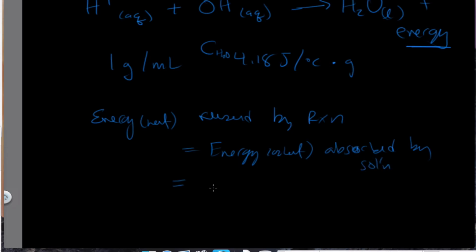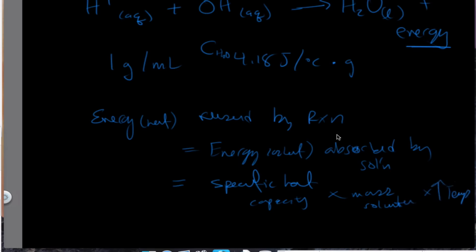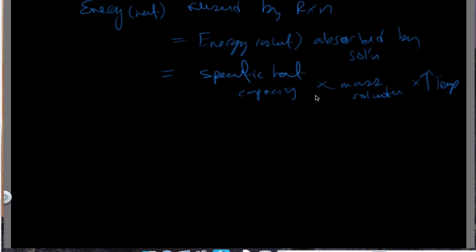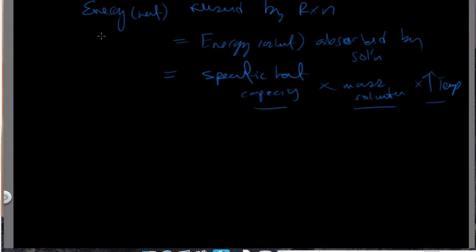And this is just equal to the specific heat capacity times the mass of the solution times the increase in temperature, because we said we needed these three things to calculate the heat. In other words, this is just S times M times delta T. Again, I say S, but it's technically C.